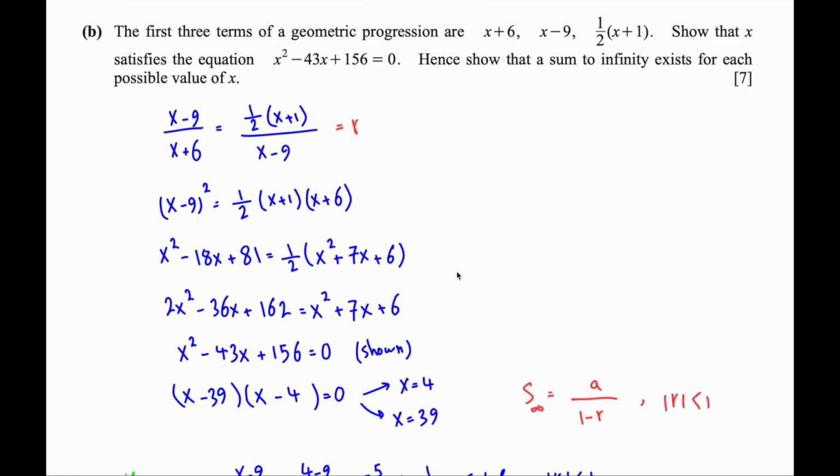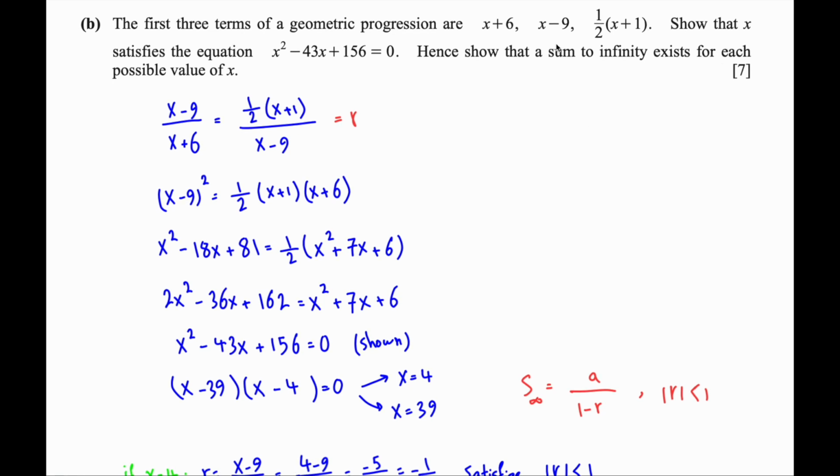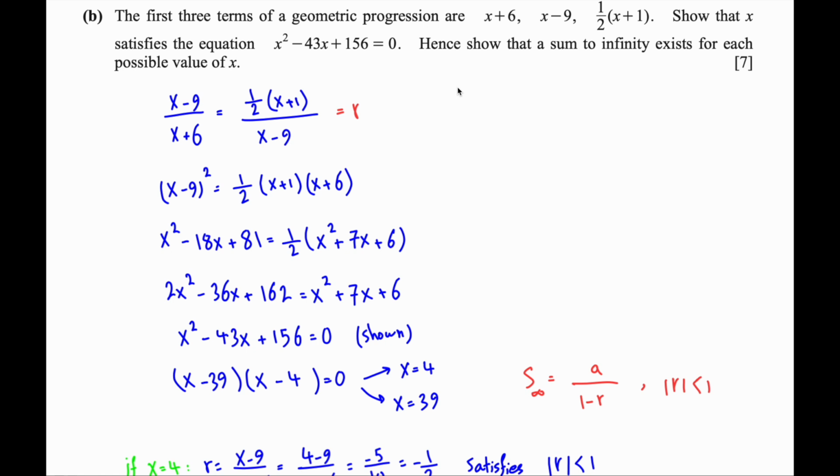In part B, I'm given the first 3 terms of a geometric progression, and I have to show that x satisfies this equation. That's the first part of the question. In the second part, I have to show that a sum to infinity exists for each possible value of x.